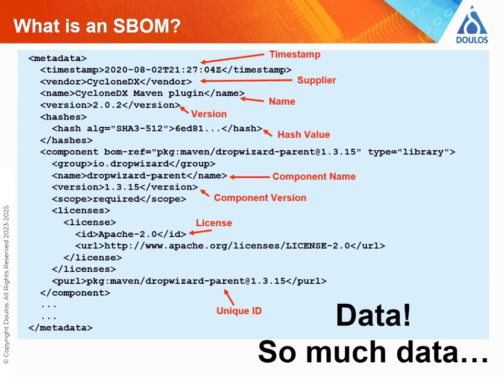So this is an example of a format called CycloneDX we'll look at later. In XML format, it's actually an SBOM entry for part of the CycloneDX tools itself, so it's sort of self-referential in that sense. But we can see some of the data that we saw on the previous slide. We can pick out here, we have a timestamp of when the data was generated.